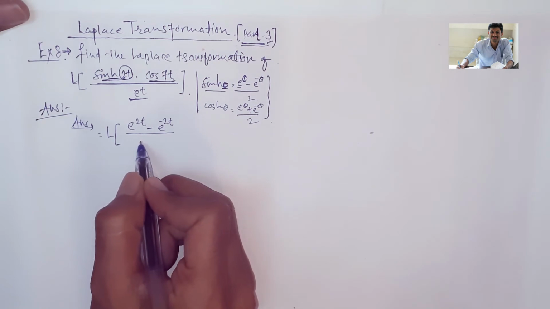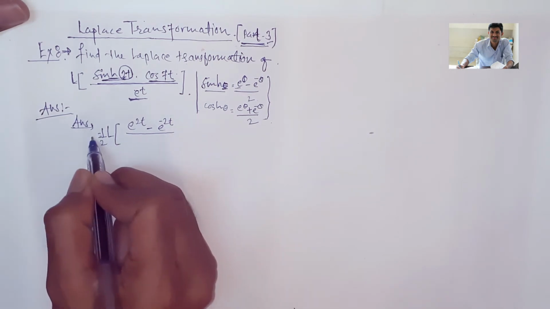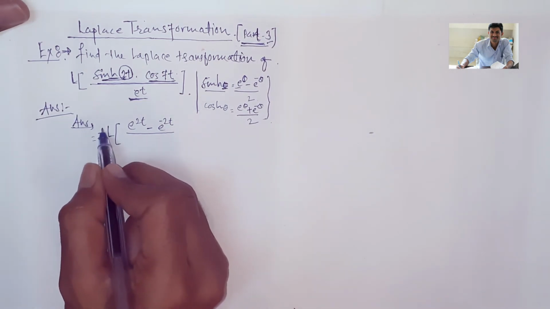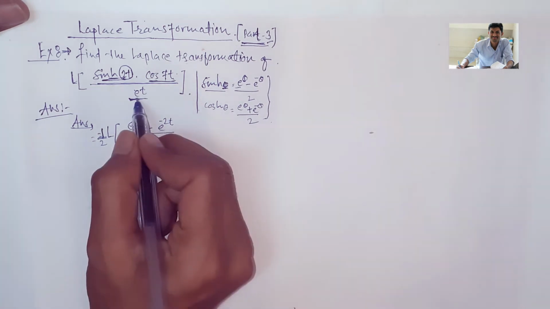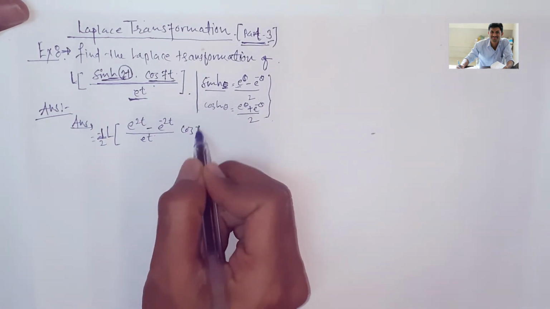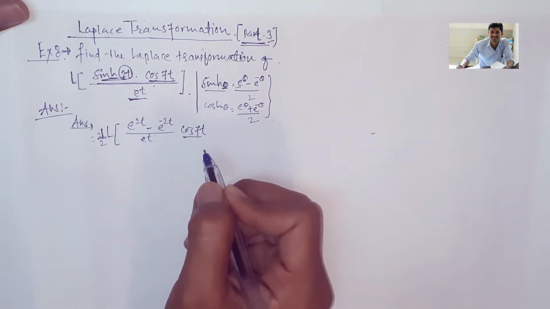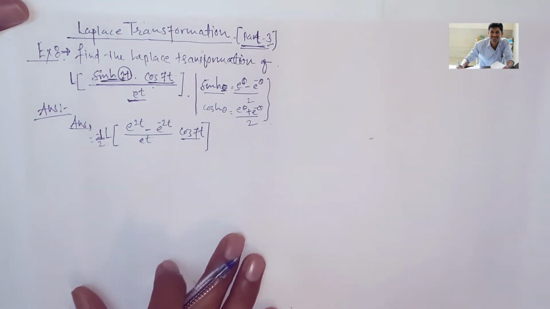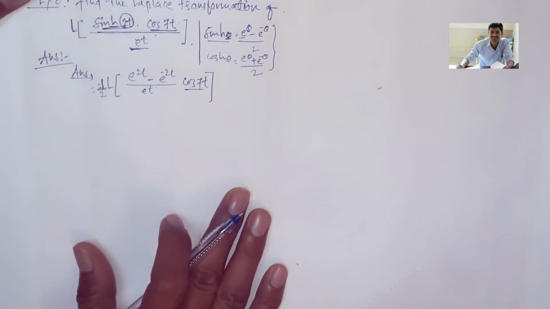I am writing the 2 outside, so it is 1 by 2. The constant term we can take outside, and the denominator e raised to power t as it is, cos function of 7t. I am not converting this into exponential form, only this part.